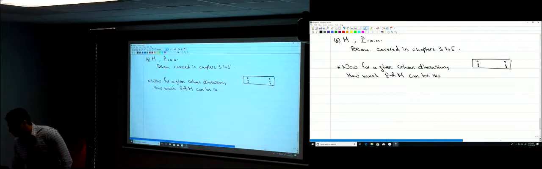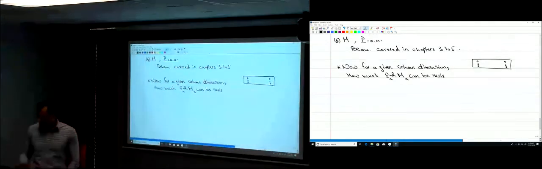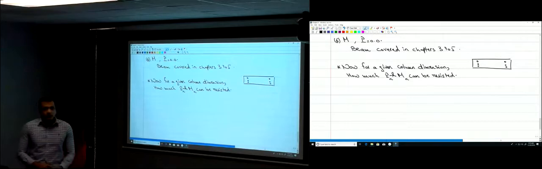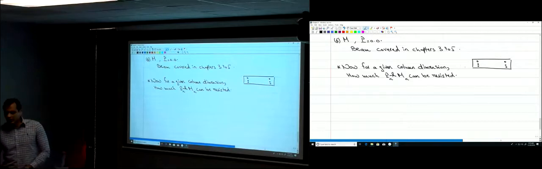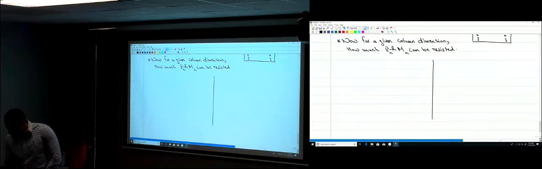What would we call this? P nominal and M nominal. What's nominal? Without factor of safety. This will change from one case to another. So let's plot those together.